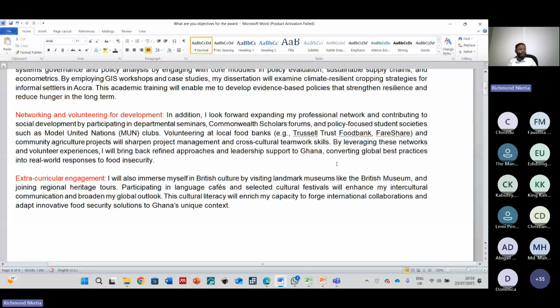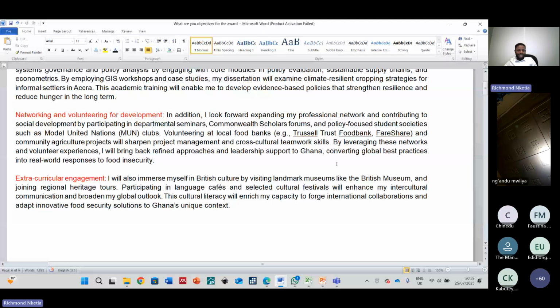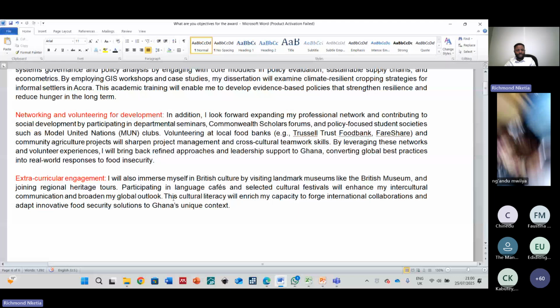So I don't just end there and say, oh, I'm interested, I just want to go on tour and get back and rest. Yes. But the most important in this context is that you're not just going there, but you're going there to enhance your intercultural communication, because you're going to deal with different people when you go back home.